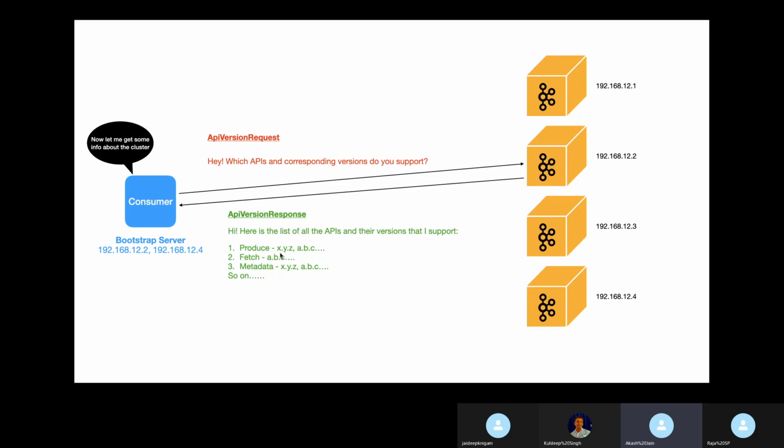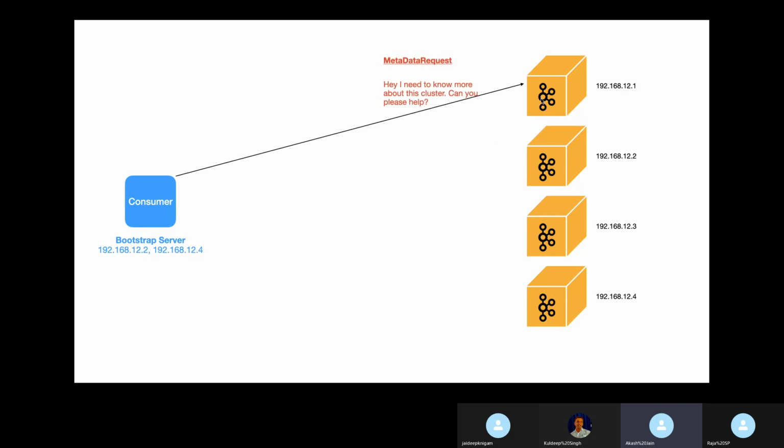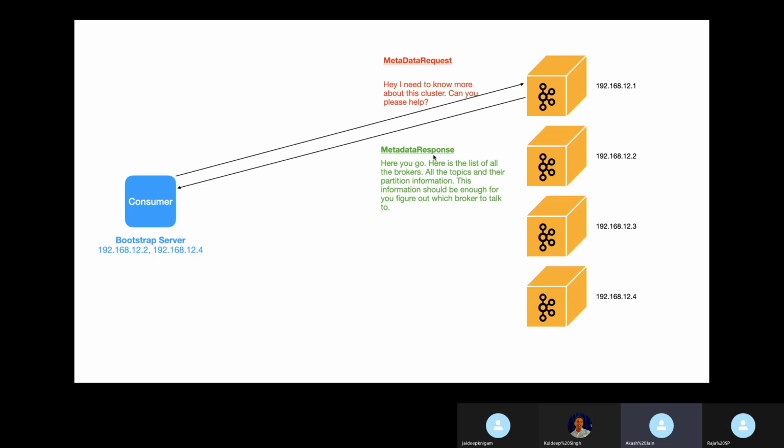So the next thing that happens is it will make a metadata request to any of the brokers, and it says, I need to know more about the cluster, can you please help? To which the broker is going to respond with a list of all the topics.